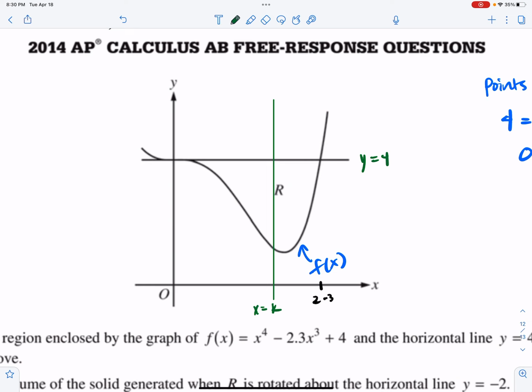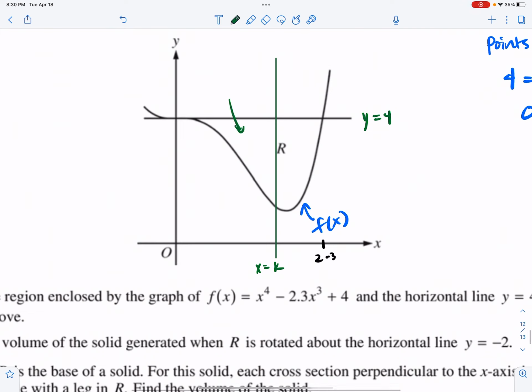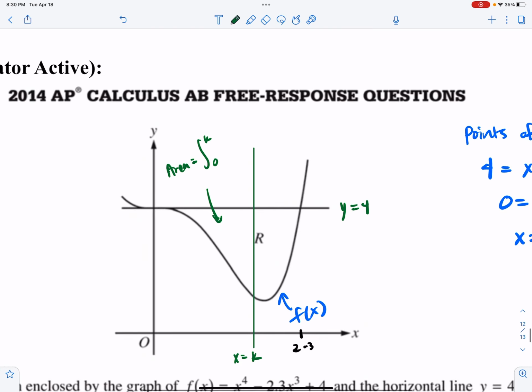So from 0 to k of 4 minus f of x, basically we would be saying, okay, well, this area would be equal to the integral from 0 to k of 4 minus f of x.